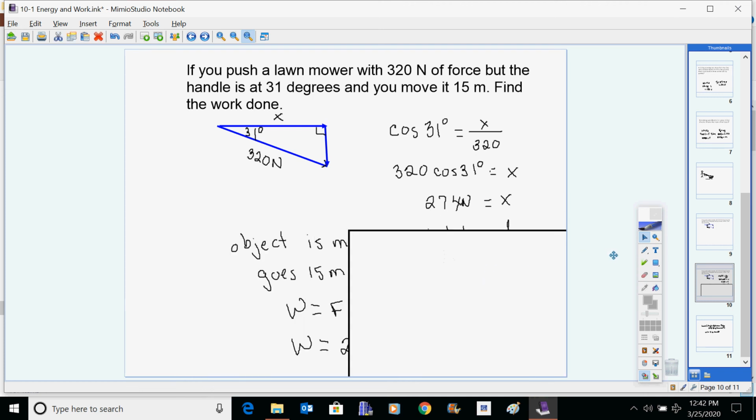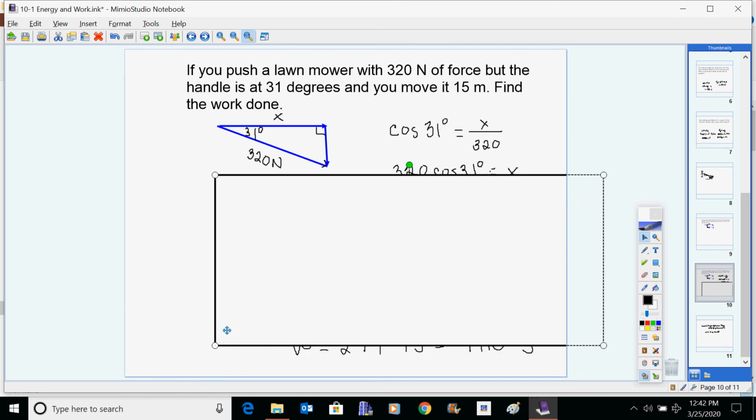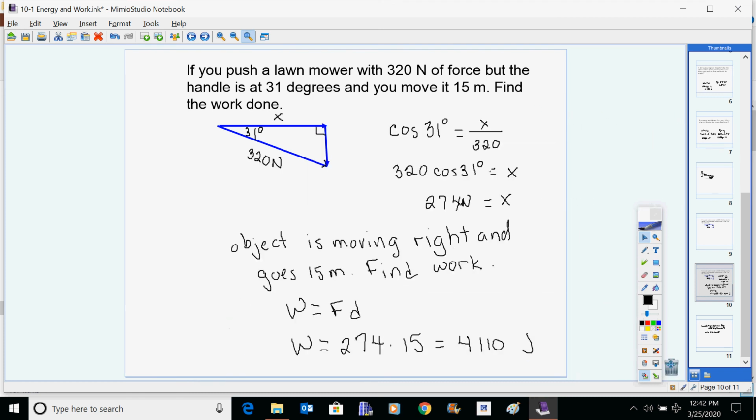It's moving the 15 meters. Force times distance, 274 times 15, and that gives you a little over 4,000 joules of energy as far as the work that was done on the sideways part of it.